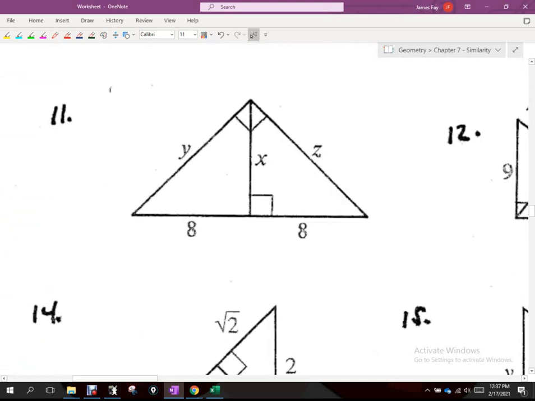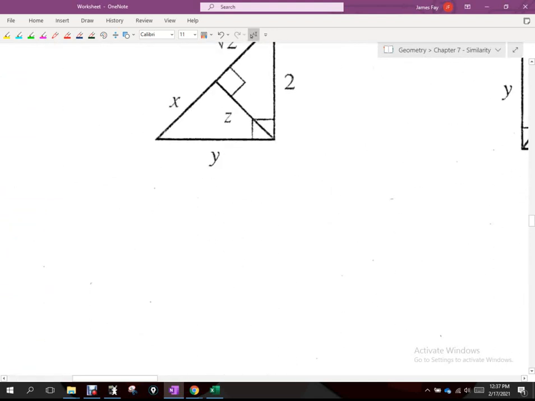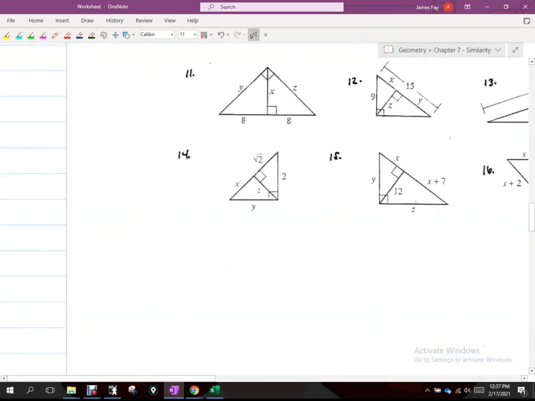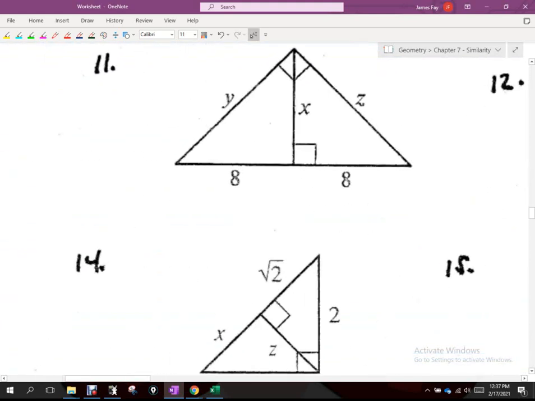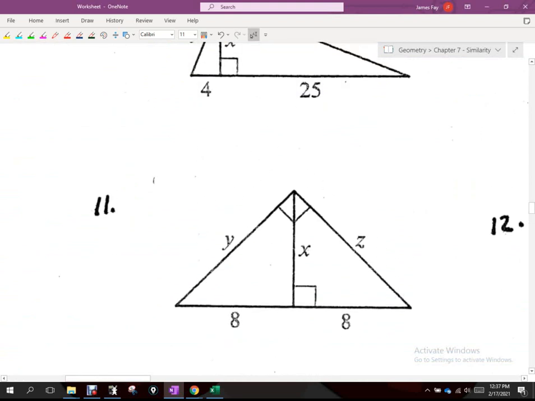Number 11. So I believe that these other ones down here, especially the last four, are probably the most difficult. I'll at least set up the algebra for you with number 11. Remember, if we're going from the right angle to the hypotenuse, this altitude here is a geometric mean between the two segments that are created on that hypotenuse.